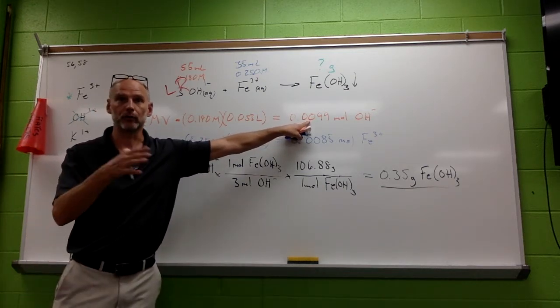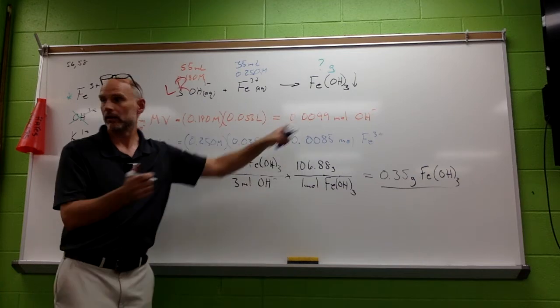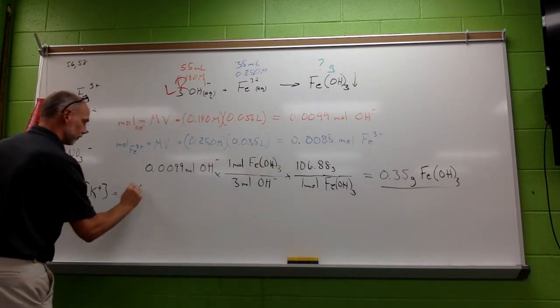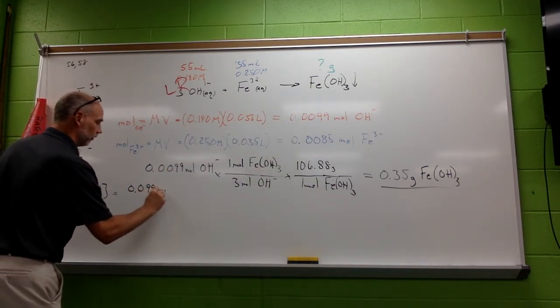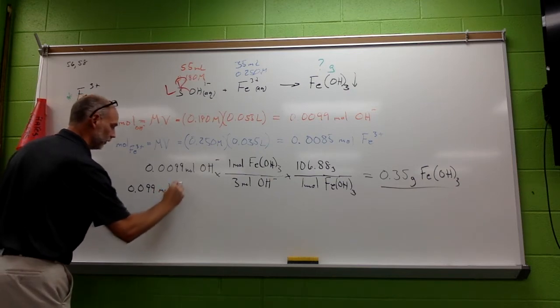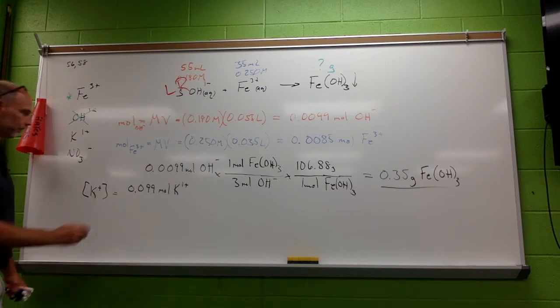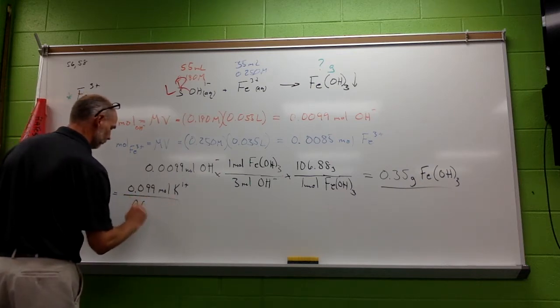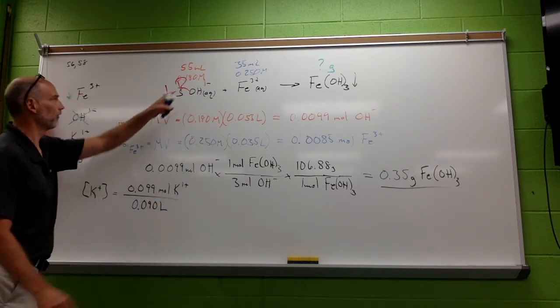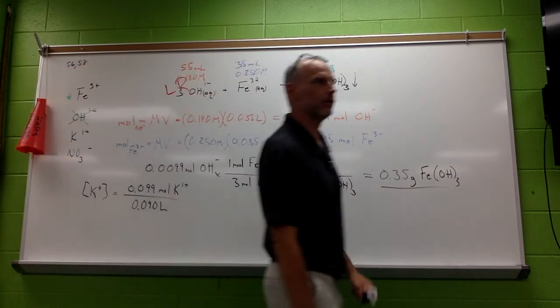Same as the hydroxide, because it was a 1-to-1 relationship, right? What's the volume that 0.0099 moles is in? 0.09. Because we have to add the two volumes together.